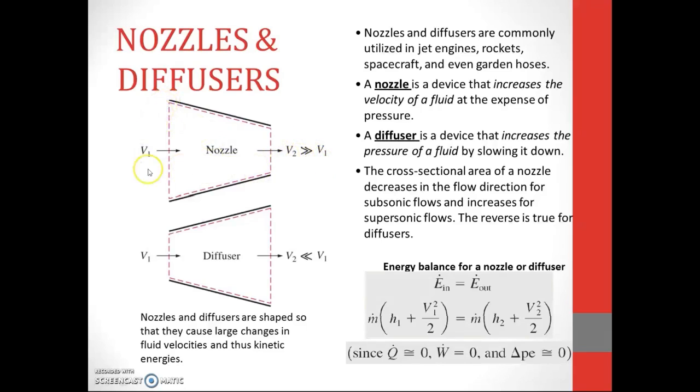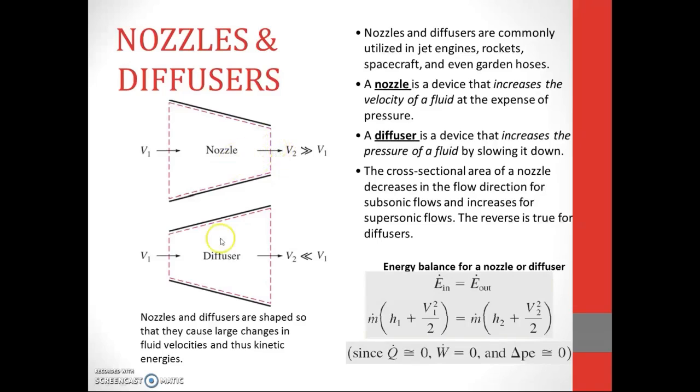Why? Because the velocity coming from a higher cross section is lower compared to the lower cross-section area. So the velocity is increased when you go through a lower cross-section area.